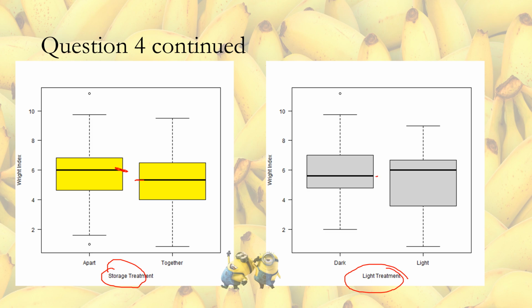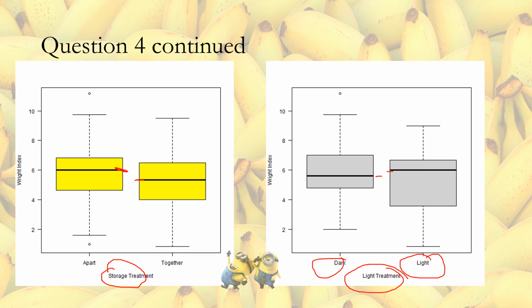So we might think that there's no significant difference between the dark and light in comparison to their means. But regarding the p-values, the light variable in the light treatment had a p-value of 0.16 and the dark variable had a p-value of 0.29.